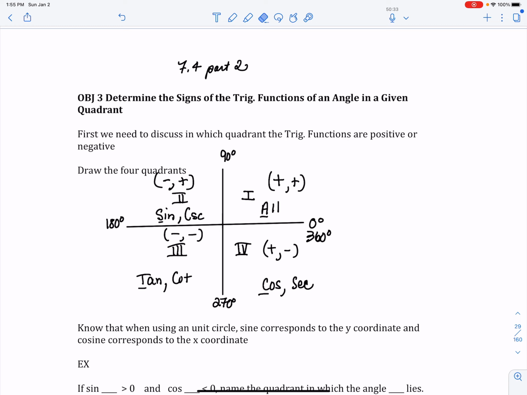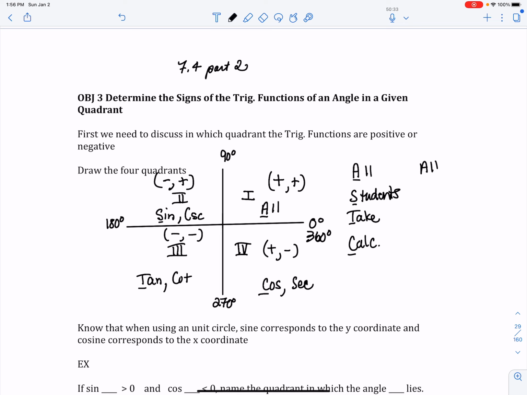So there's a little mnemonic device to help you remember this. All students take calculus. The first letter of each word in that statement stands for what's positive where. In quadrant 1, all of the functions are positive.